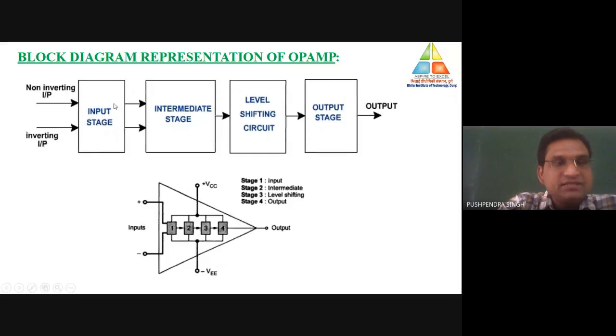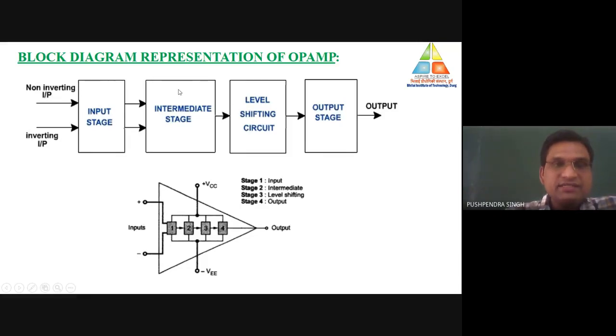Here the input stage is a dual input balanced output differential amplifier. The main purpose of this input stage is to provide amplification in the circuit. Its other main purpose is to avoid the loading effect in the circuit. These criteria are fulfilled with the help of a differential amplifier only. That's why the input stage is designed with a dual input balanced output differential amplifier.